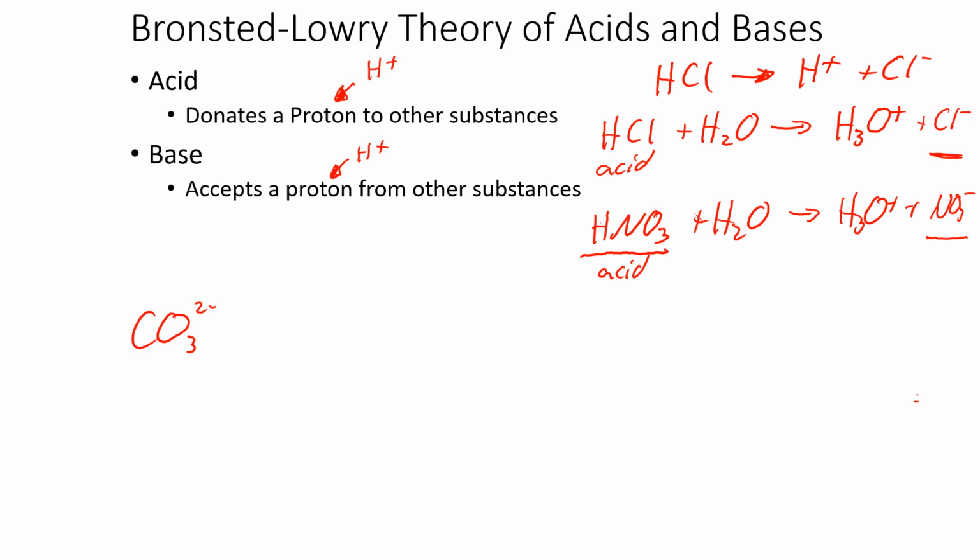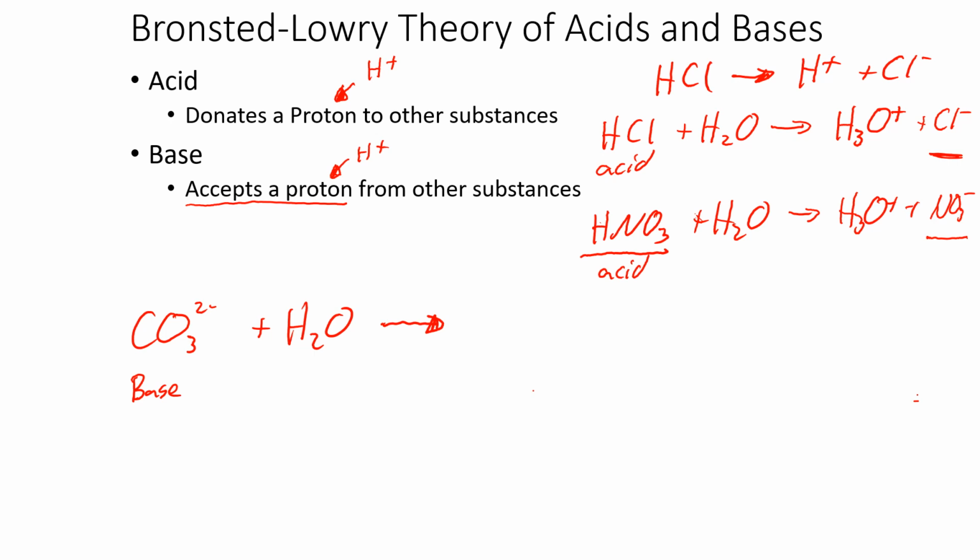Say we took that baking soda, that carbonate, and we threw it in water. So here's our water right here. Now, what's going to happen is that this is our base, and it wants to accept a proton. Where can it get a proton?